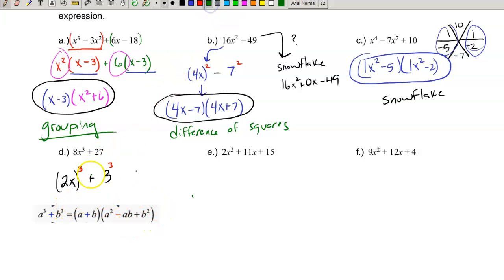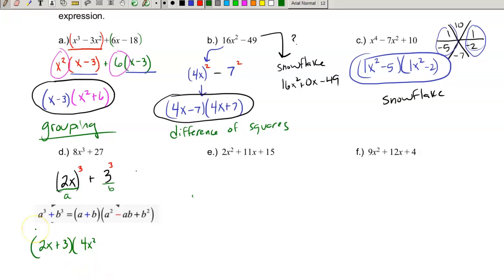In this case, the way that we wrote this, my 2x is going to be my a, my 3 is going to be my b. So if we follow our pattern for factoring, then my answer would become a plus b, so that's going to be 2x plus 3 times a squared, which is now going to be 2x squared, so I'm going to go ahead and put that as 4x squared.